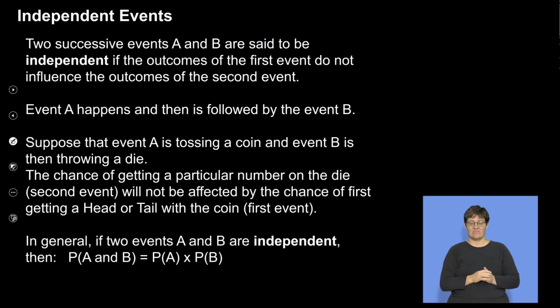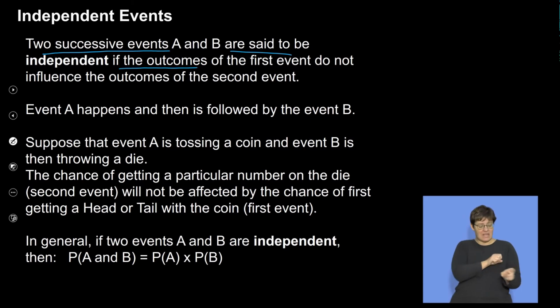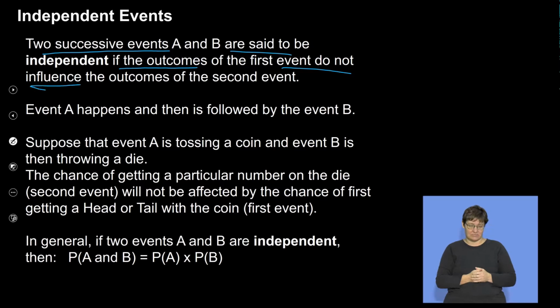So, independent events. Let's talk about independent events. Two successive events, A and B, are said to be independent if the outcome of the first does not influence the outcome of the second event.